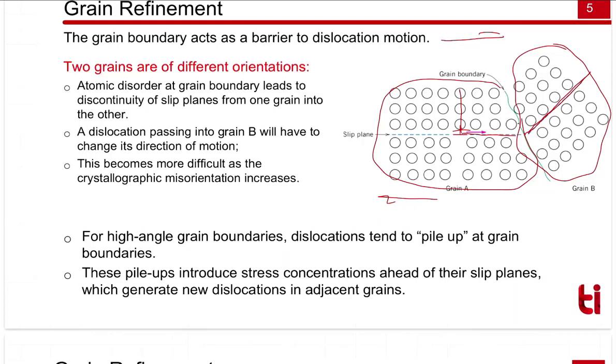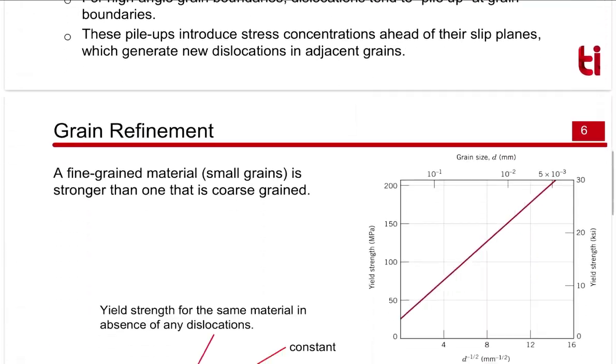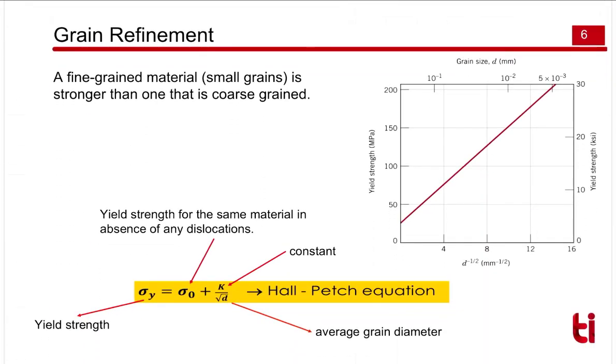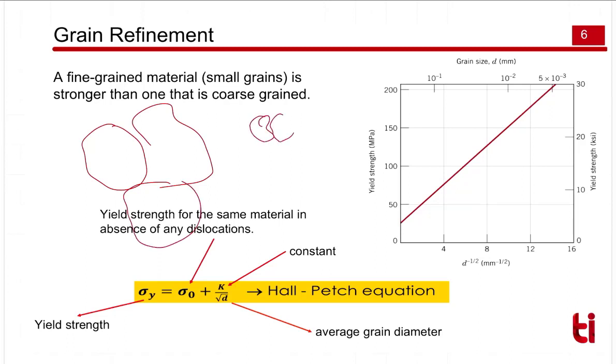So we generally say the dislocations are piled up at the grain boundaries. If you have a larger grain, you are having two cases. One is this larger grain, another in the same one you refine the grain to a small grain. If the grains are small, grain boundaries will be more, and if dislocation moves, the hindrance will be more.